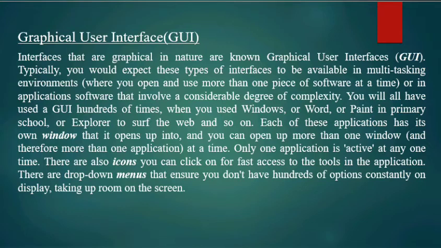The next type of user interface is graphical user interface. You are familiar with the GUI because you have used the Windows operating system many times. There you can see icons, menu bars, search options, gadgets. An operating system which provides these types of facilities is known as a graphical user interface. For using a GUI based operating system, the user doesn't need to learn any commands.